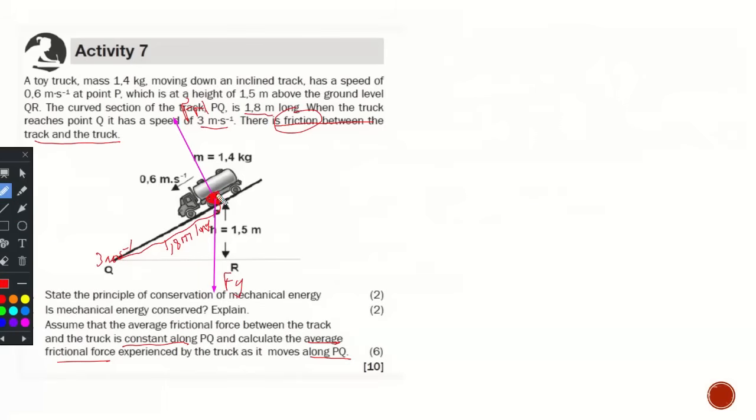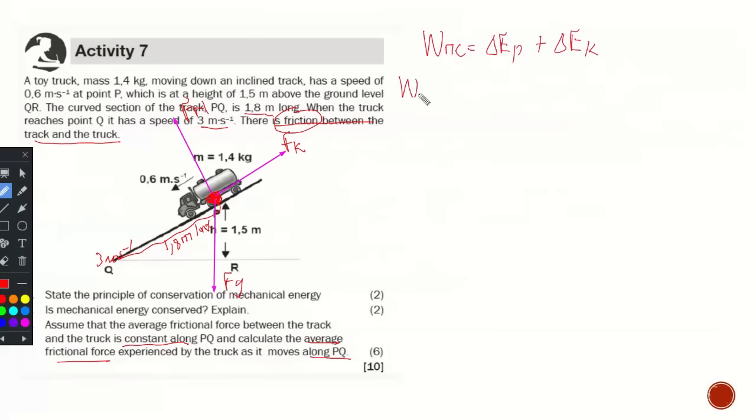This toy truck is just moving down at its own accord. So if they did not mention the force applied being there, do not assume it is there. When the force applied is present, they will mention it. So this is Fk. So we only have Fk being our non-conservative force. So Wnc is equal to change in EP plus change in Ek.